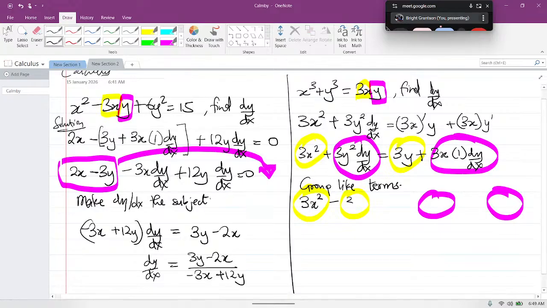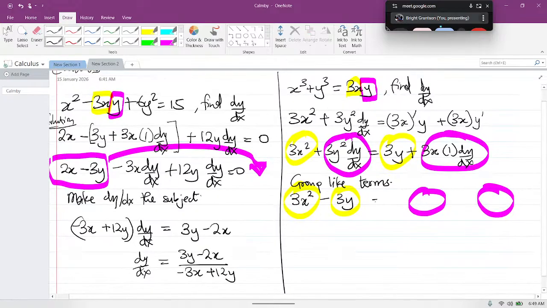So minus 3y equals the existing 3x dy/dx minus 3y squared dy/dx. Very good.